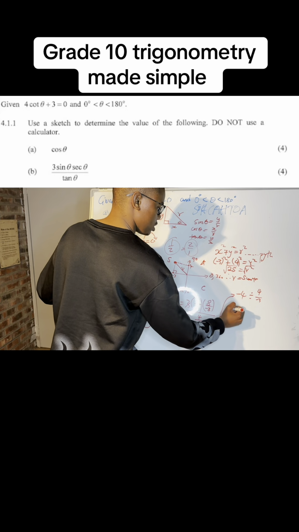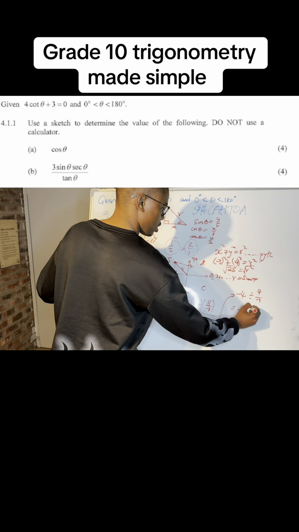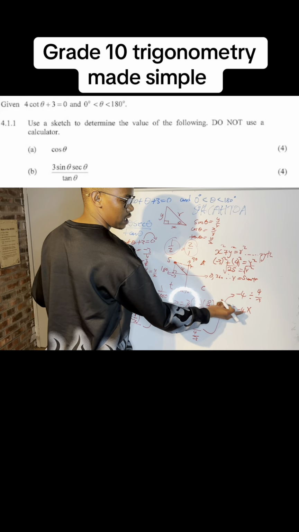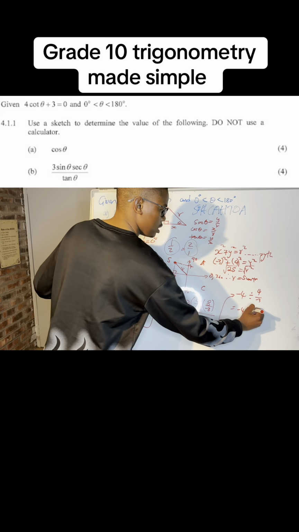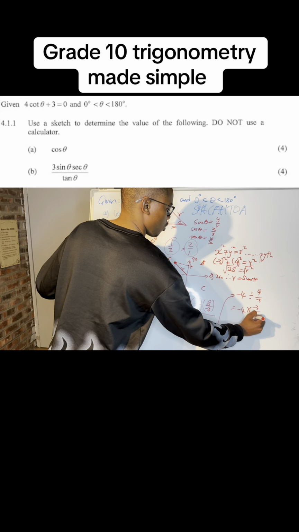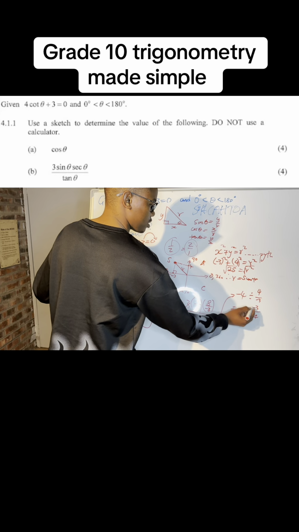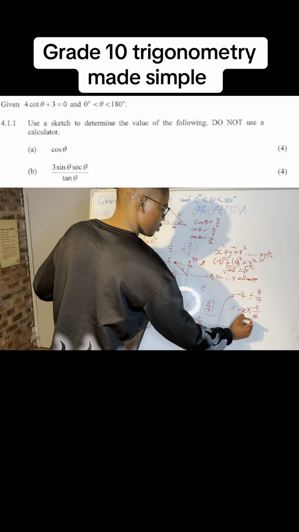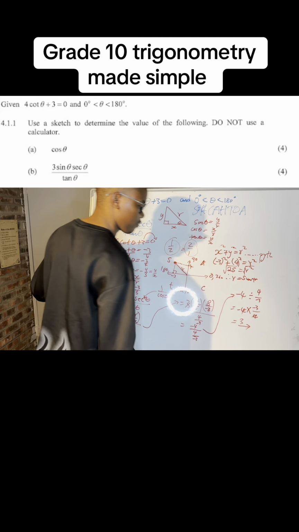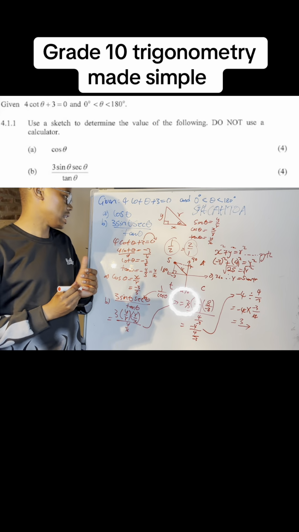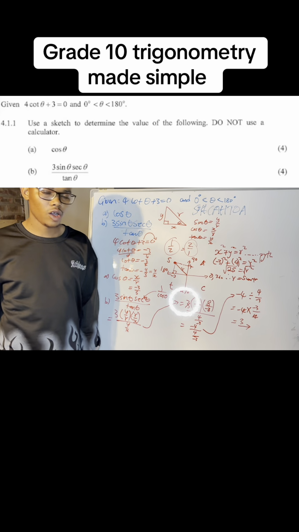And then I'm going to change this division sign into multiplication, multiply by the reciprocal of this. Remember, if I change the division sign, I must flip this. It's going to be -3 all over 4. Then this 4 will cancel this 4, and then negative times negative is positive. Then I'm only left with the value of 3 as the final answer. And there we go, you have solved this. And there is your 5, 6, 7, or 8 marks.